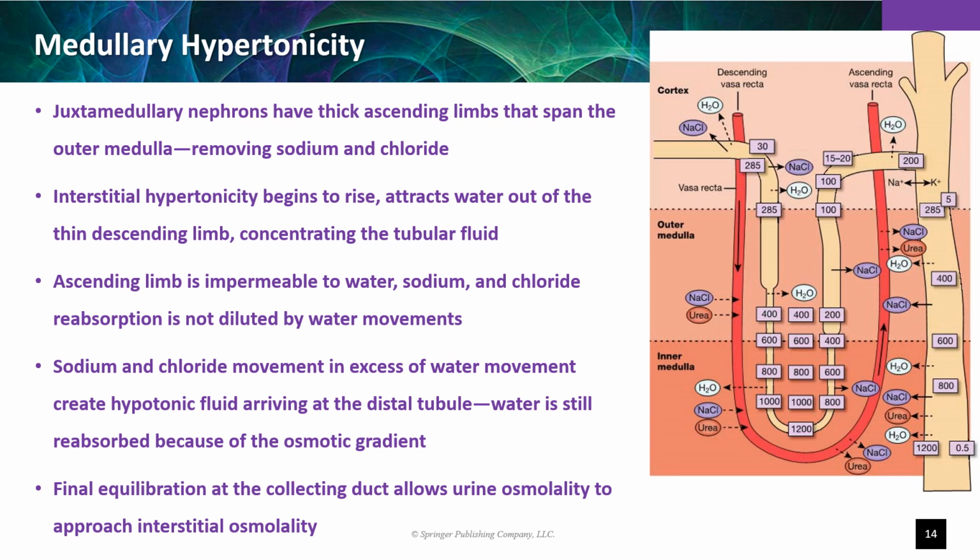The factors contributing to the buildup of osmolarity in the medulla include movement of more sodium and chloride than water over the entire loop of Henle, the lack of water permeability of the ascending loop of Henle, vasopressin-dependent reabsorption of water and urea at the collecting duct, recycling of urea between descending and ascending loops of vasa recta, and urea reabsorption in the collecting duct.